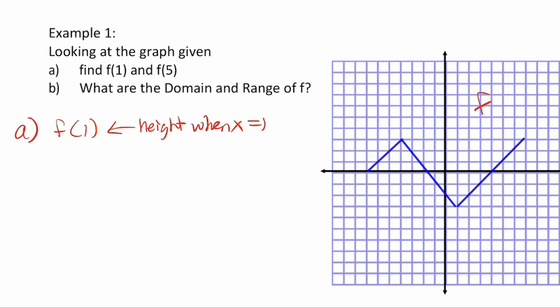So when we go over to our graph, here is an x value of 1. The height is that point right there. So what is our height when x equals 1? -3. So we can say that f of 1 equals -3. We don't necessarily have an algebraic representation of what that is. The graph is going to give you that answer. We didn't do that as much last year. Let's find f of 5.